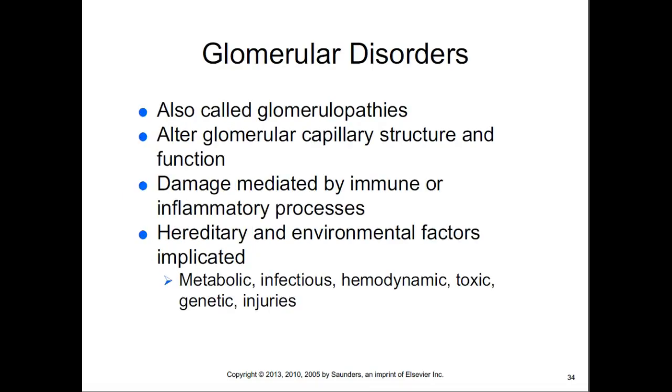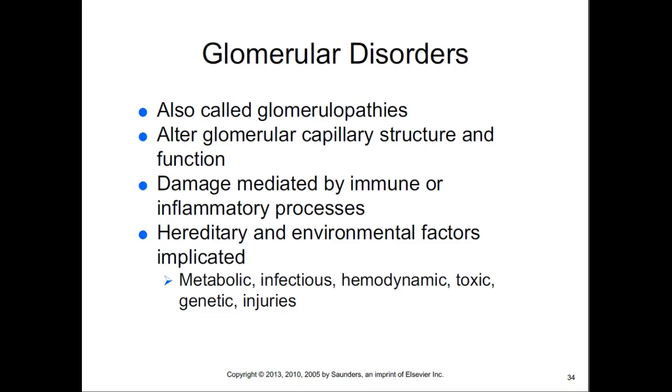All right, glomerular disorders, also called glomerulopathies. That's a good word. They alter glomerular capillary structure and function. We have quite a few glomerular disorders. This is sometimes mediated by an immune or autoimmune disorder, an autoimmune disorder that attacks the actual cells that line the glomerulus, or an inflammatory process.